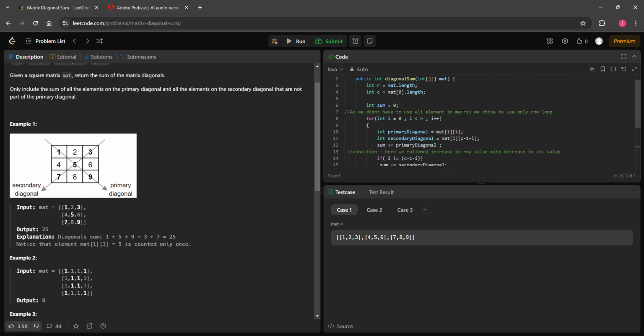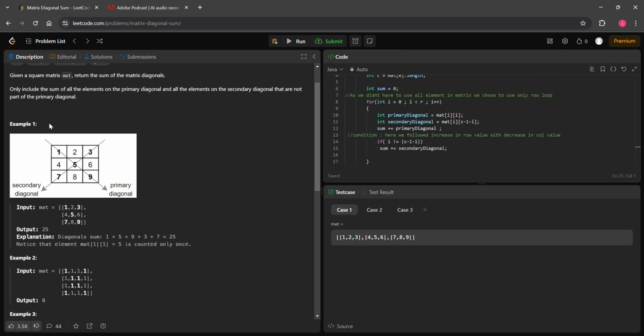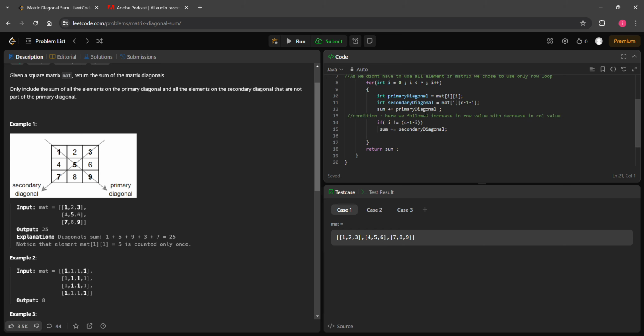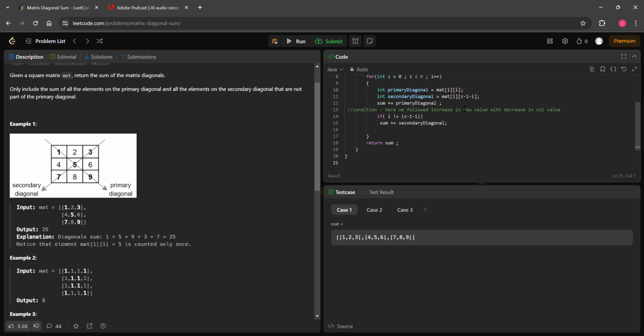Now we got the primary diagonals and the secondary diagonals. We got this and this. Okay. Now what we have to do is, we had a condition that the similar number which is there in the primary diagonal should not be included. So what we did here, we followed an increase in row value with a decrease in column value. Here, as I said, increase in row value, decrease in column value.